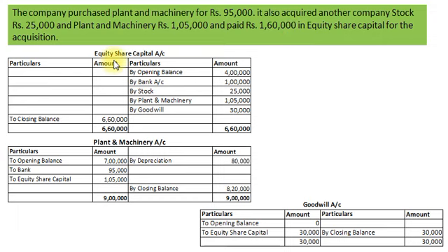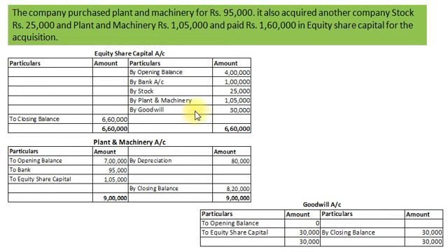So posting in equity share capital account credit side by stock 25,000, by plant and machinery rupees 1,05,000 and by goodwill rupees 30,000. Plant and machinery account debit side to equity share capital rupees 1,05,000 and goodwill account debit side to equity share capital rupees 30,000.